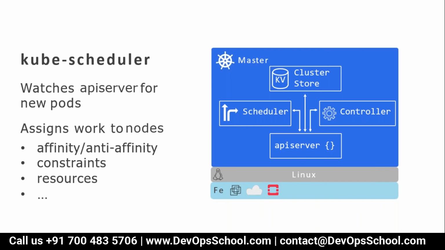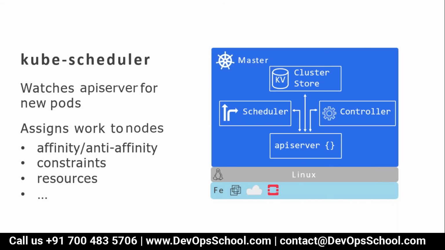Based on many conditions. The scheduler has many conditions inbuilt. You can influence these conditions also. What conditions? The scheduler will have a condition like affinity. Affinity means, let's say my manager thinks I'm a very bad engineer, so he may assign work only to me so I can improve.